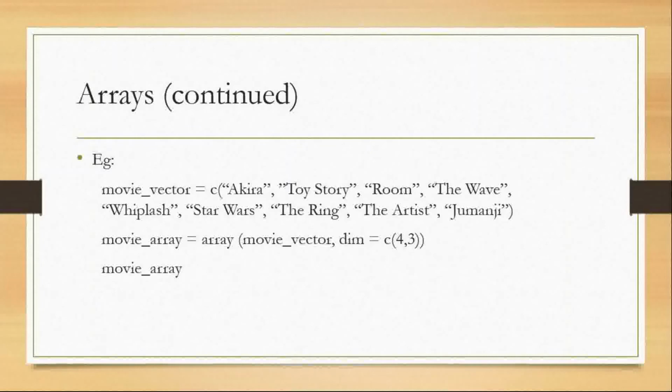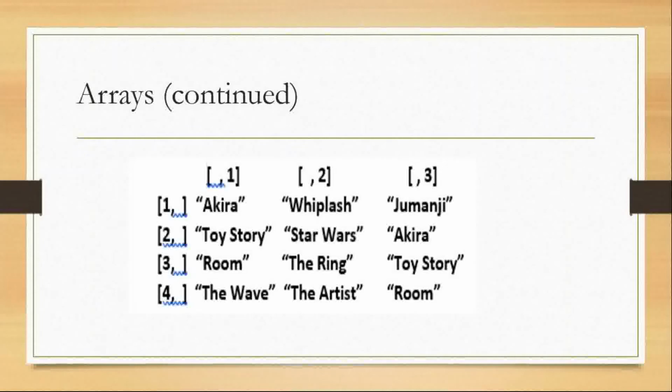So for the remaining 2 values, it will automatically populate the values from the start, that is the first 2 values. We can see it from the output on the screen. So Akira, Toy Story and Room are filled in the blank spaces.